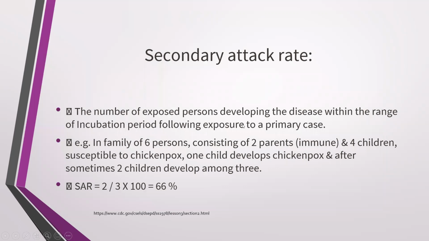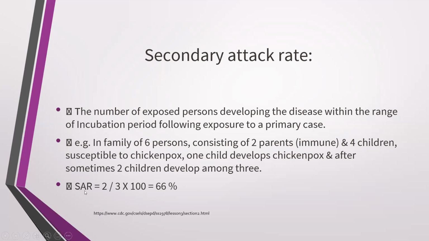So this is an example of secondary attack rate. That is the number of exposed persons developing the disease within the range of incubation period following exposure to a primary case. In a family of 6 persons, consisting of 2 parents who are immune to a specified disease like chickenpox, and 4 children susceptible to chickenpox, one child develops chickenpox, and after some time, 2 children develop it among the three.